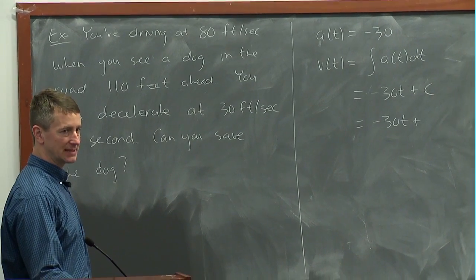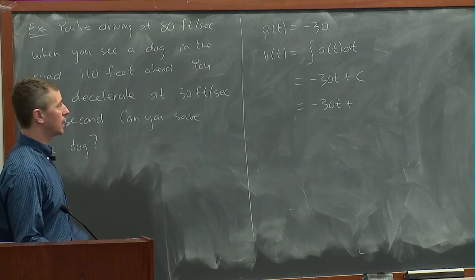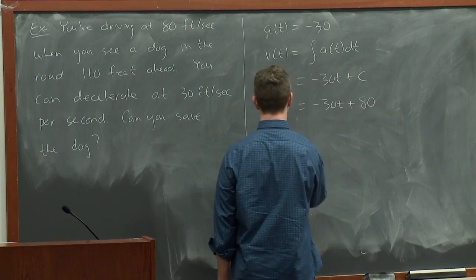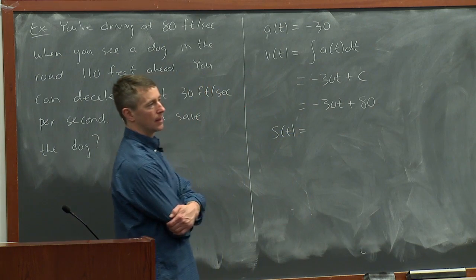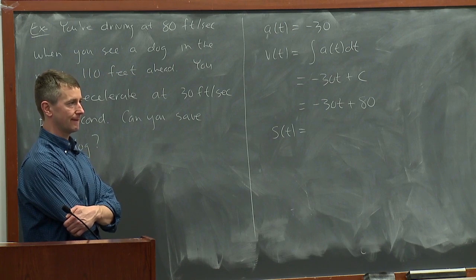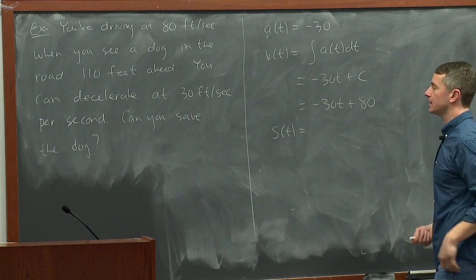Yes, because we know the velocity at time 0 ought to be what? Ought to be 80. And then from velocity, we can get to position, right, by integrating velocity. So what's the integral of negative 30t?